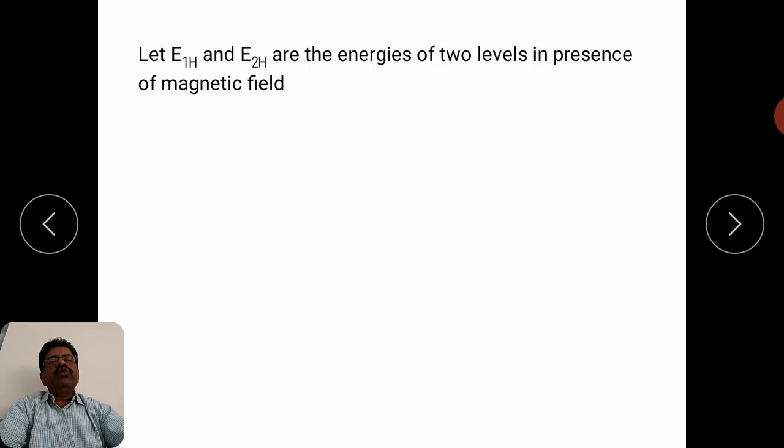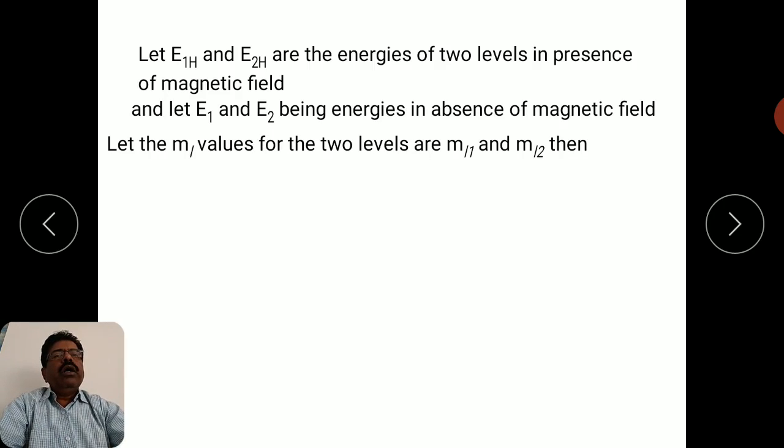So we shall consider two situations, when the magnetic field is present and when there is no magnetic field. So in presence of magnetic field, let us define two levels, E1H and E2H. Especially the suffix H is used to represent that this is the energy level in presence of magnetic field. Okay. So let us assume another situation when there is no magnetic field.